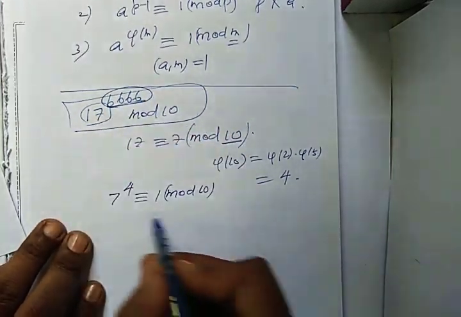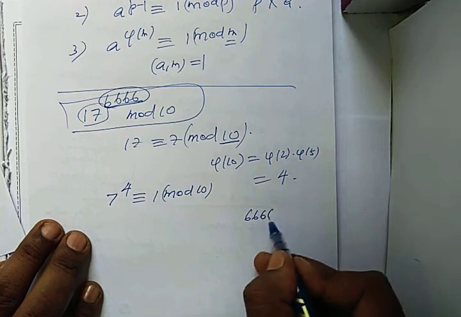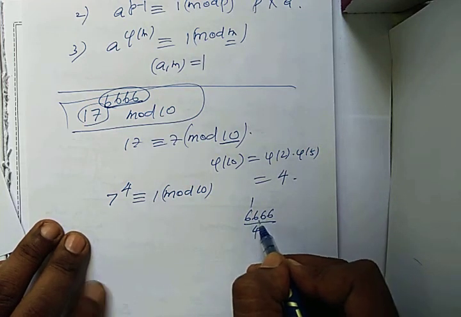This number, divide this number by 4, 666 by 4. So 166 now.